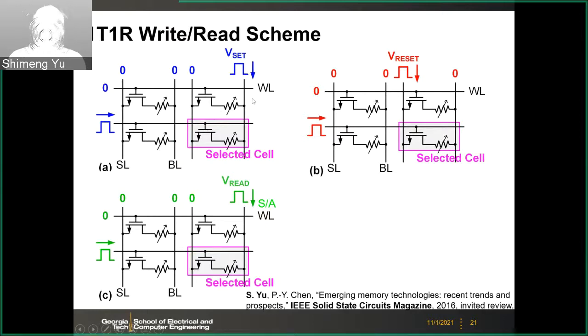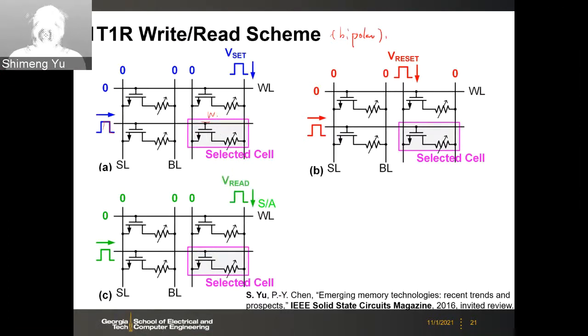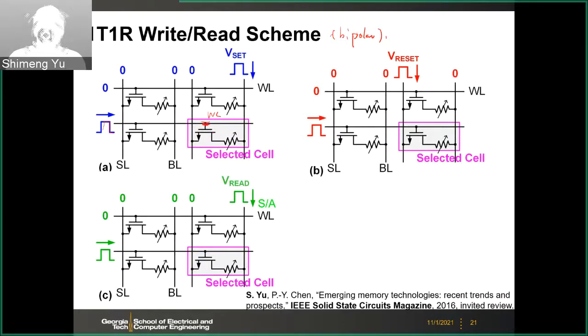For the bipolar switching, for the set process, what you do is to select this cell by turning on the word line. So the word line is turned on. And then you apply the set voltage pulse from the bit line to this cell, and then you ground the source line.